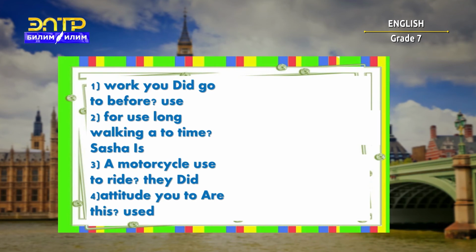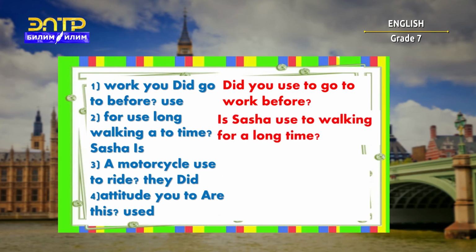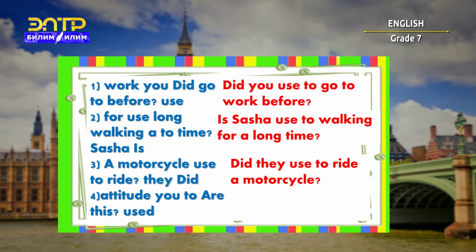Time is up. Let's check your answers. So the first one will be: Did you used to go to work before? And the next one: Is Sasha used to walking for a long time? Or did they used to ride a motorcycle? And the last one: Are you used to this attitude? Good job! Let's move to the next task.